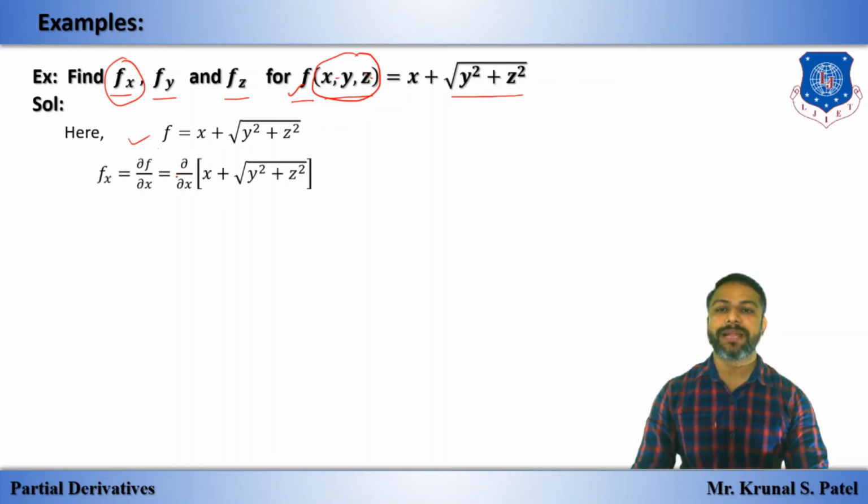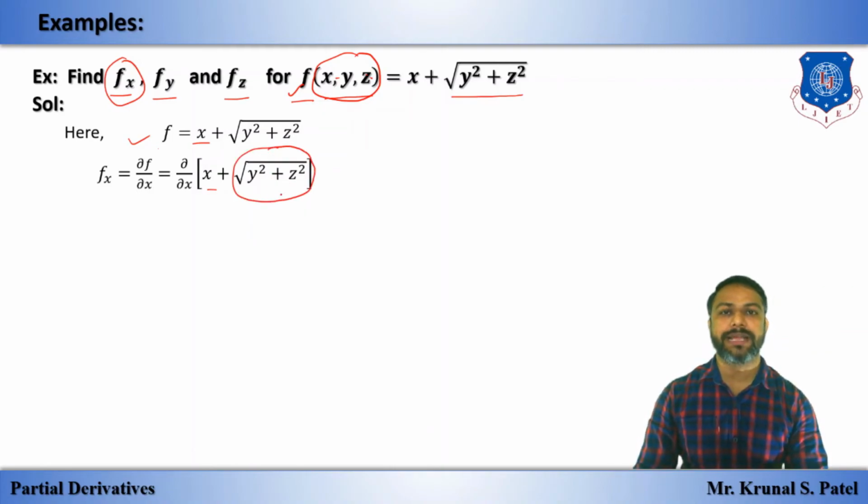So apply del by del x on both sides. We know the differentiation of x will be 1, and in this term there is no x, so this entire term becomes constant and its derivative is 0. So 1 plus 0, and the final answer is 1. So we have fx is equal to 1.